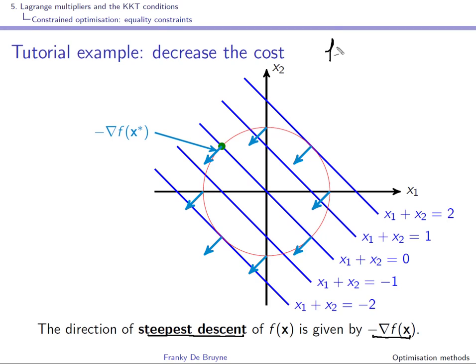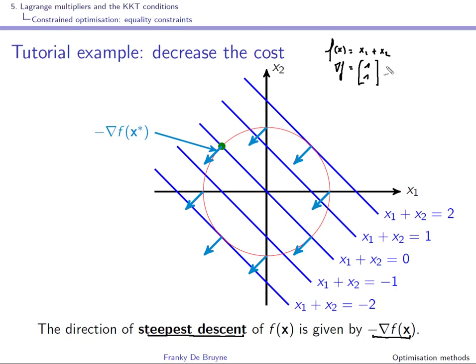Remember that f of x is simply x1 plus x2, so the gradient of f is a vector. The first element is the partial derivative of f with respect to x1, so that's 1 over here, and the second element is the partial derivative of f with respect to x2, so that's a 1 as well.